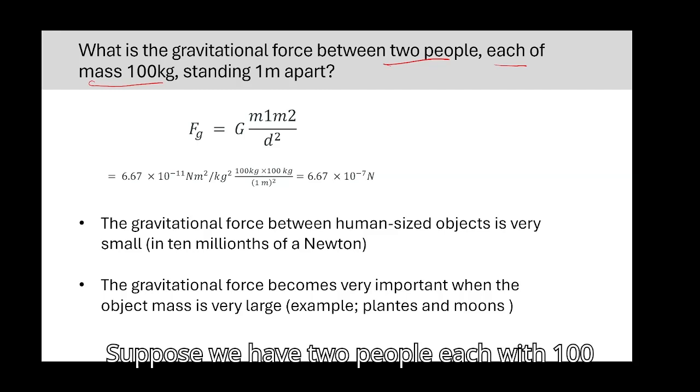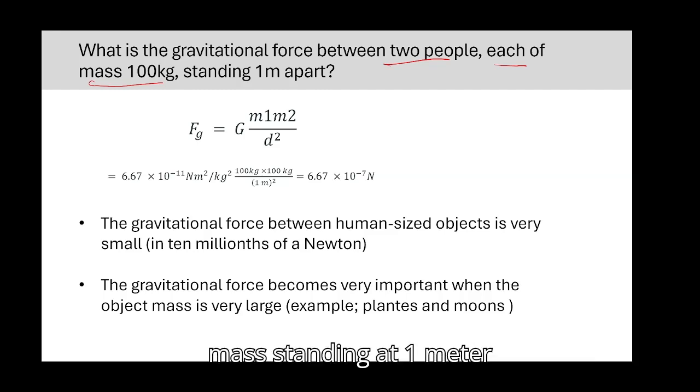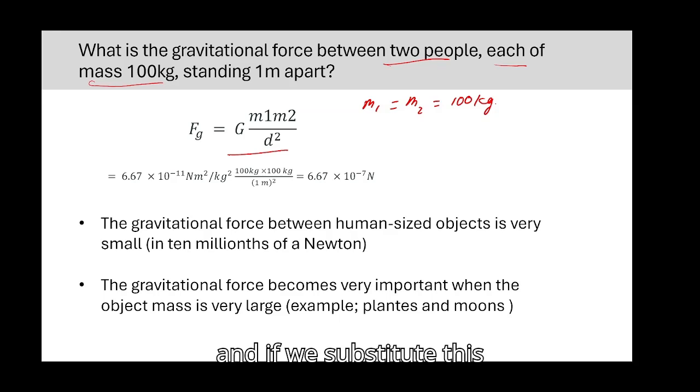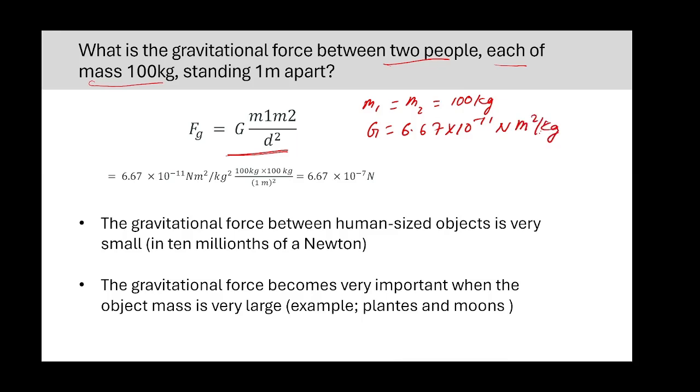In order to calculate the force between them, we can use Newton's universal law of gravitation, with m1 equal to m2 equal to 100 kilograms, and the constant G is 6.67 times 10 to the minus 11 newton meter squared per kilogram squared.